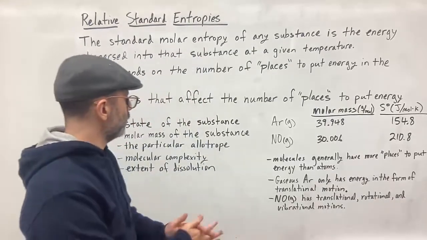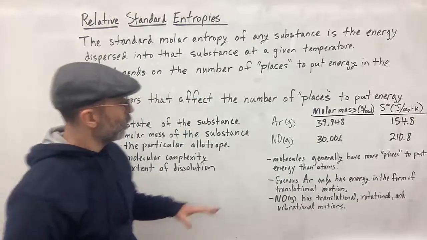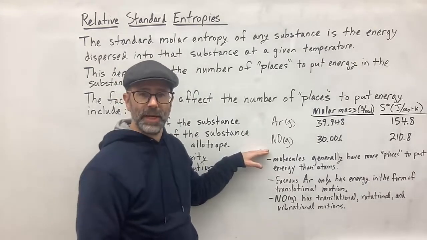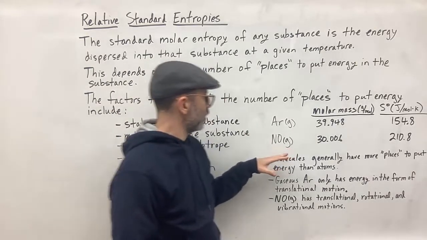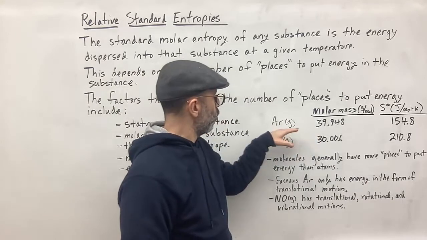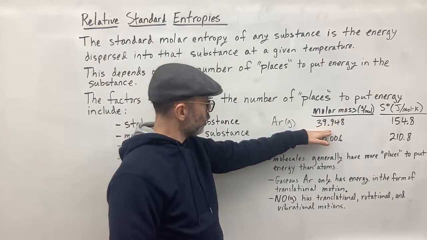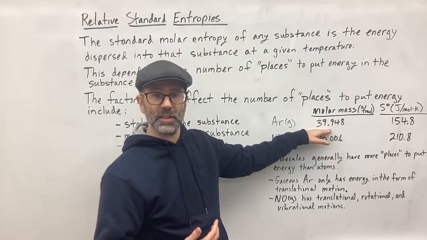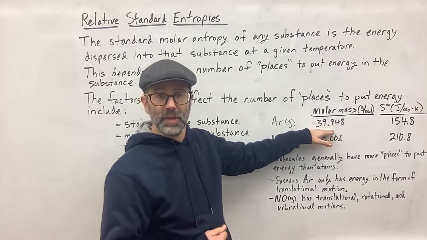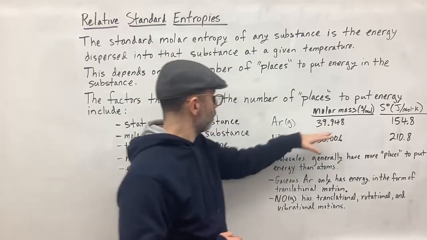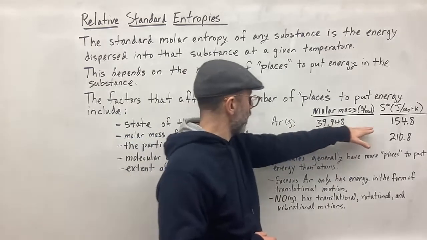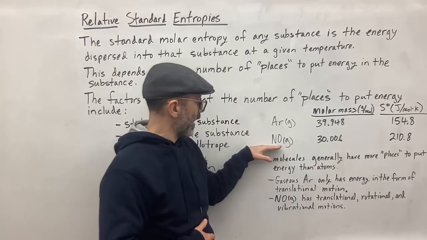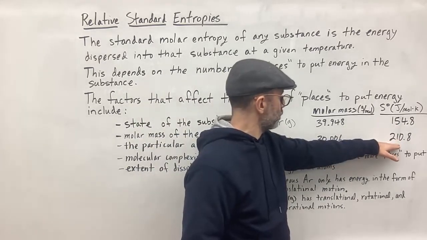Okay, so let's look at molar complexity. Here we have argon and NO gas, so they're both in the gaseous state. You'll see here that even though argon has a larger molar mass, and we saw just a moment ago that more molar mass means more entropy, argon has a molar entropy of 154.8, whereas NO gas has a molar entropy of 210.8.